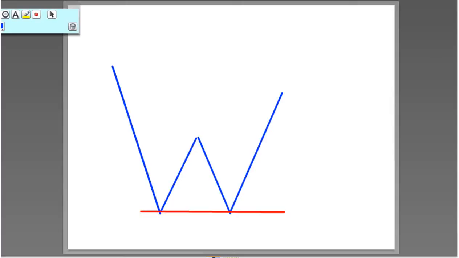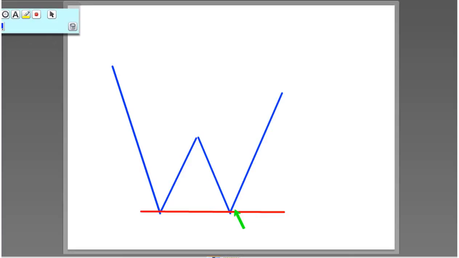Once you've recognized that double bottom area, I like to look at taking a small entry, typically about a third of a position, knowing that it's going to be a little bit slower, knowing that my stop is pretty well defined.